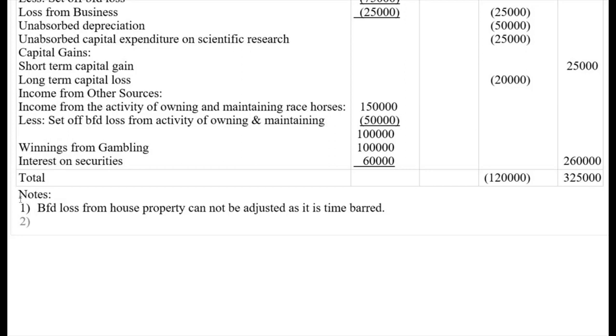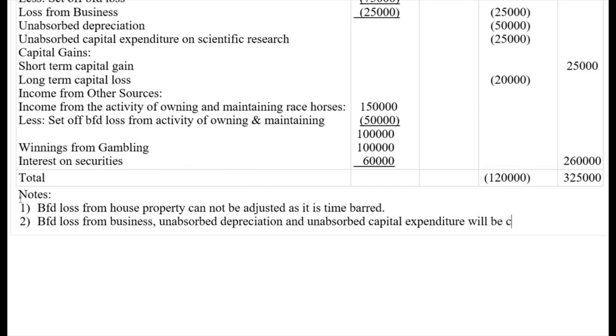Then unabsorbed brought forward loss from business, unabsorbed depreciation and unabsorbed capital expenditure will be carried forward to next assessment years.